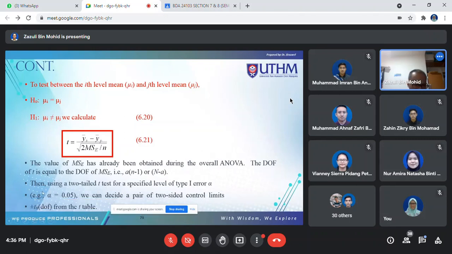After that, we can use the two-tailed test for t for a specific level of type 1 error alpha. Since this is not equal to, that means we have to do the two-tailed test. In any situation, if the alpha value is not provided, you can just go for alpha 0.05.